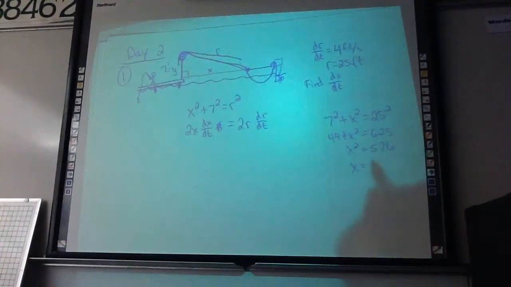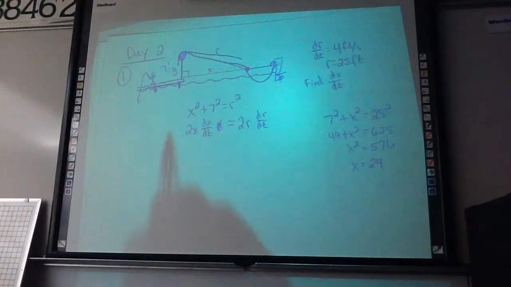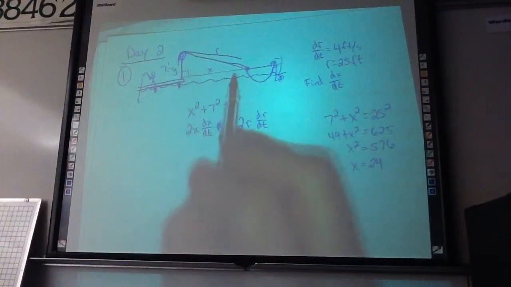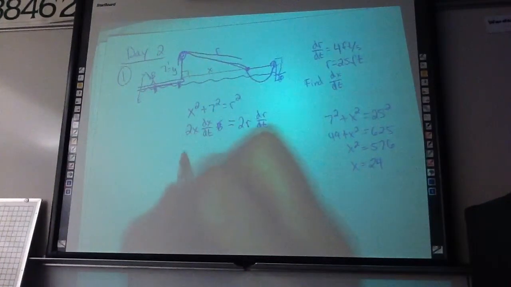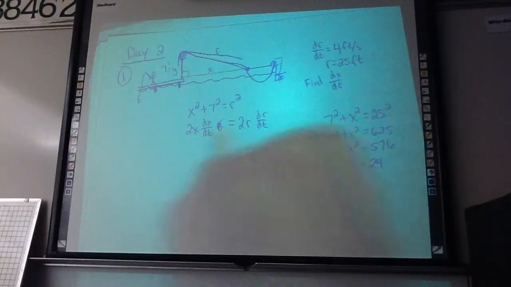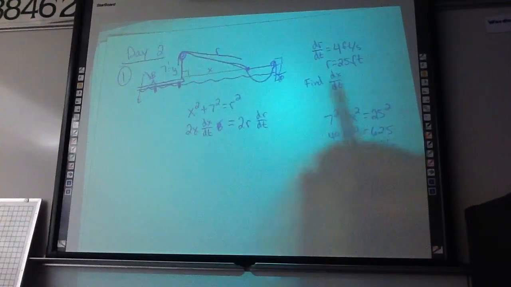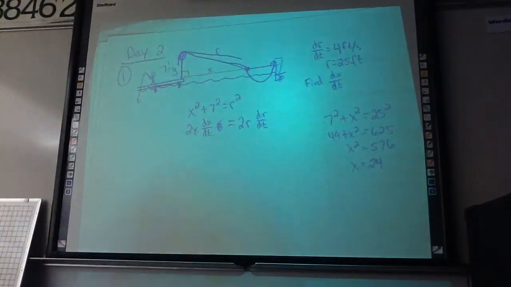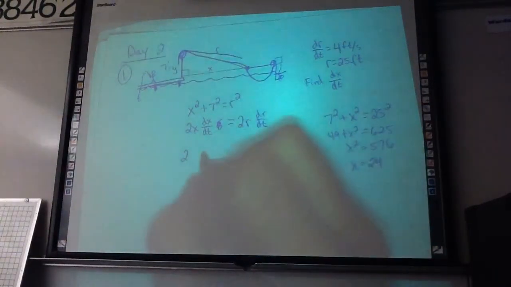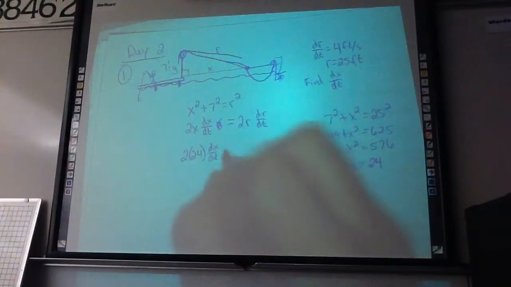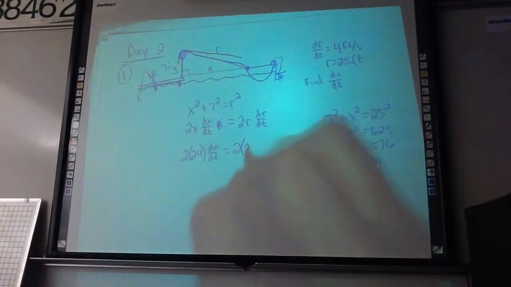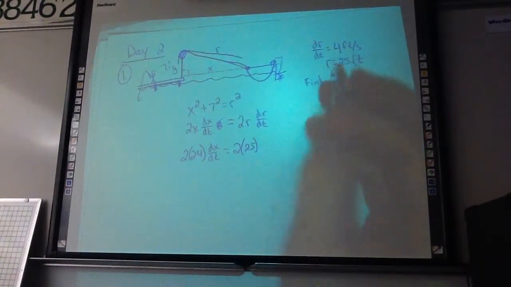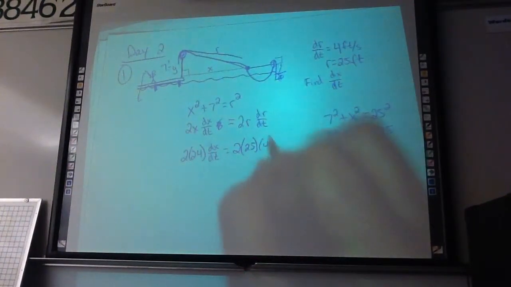So that tells us at the instant we're looking for, x is 24 feet. Now we know what to plug in. We know R, we know dr/dt. It's easy now. 2 times 24 times dx/dt equals 2 times 25 times dr/dt, which was 4.